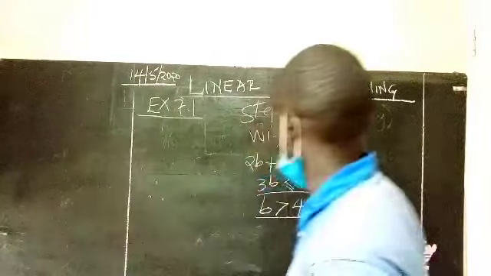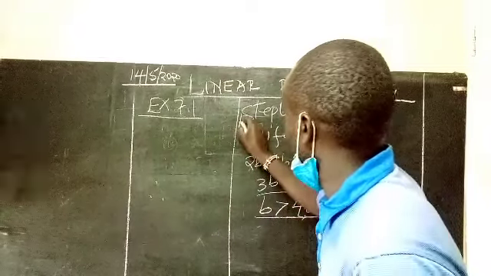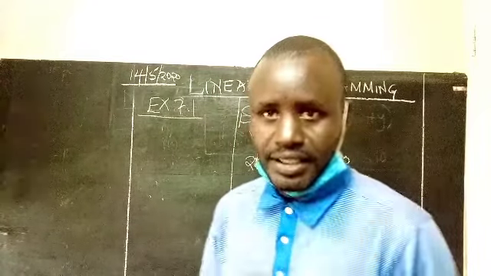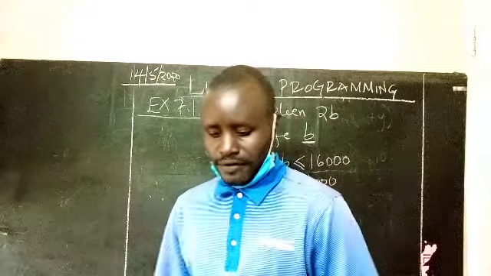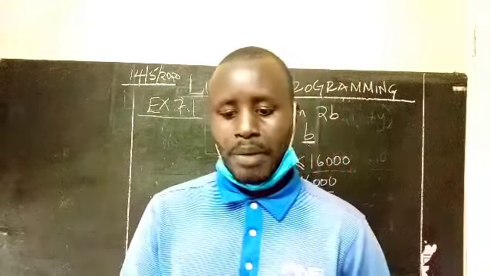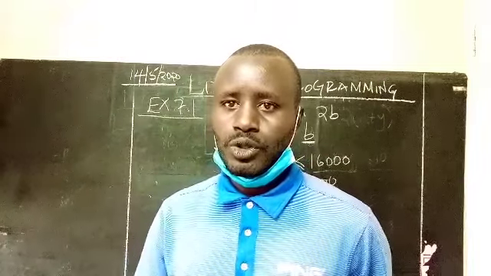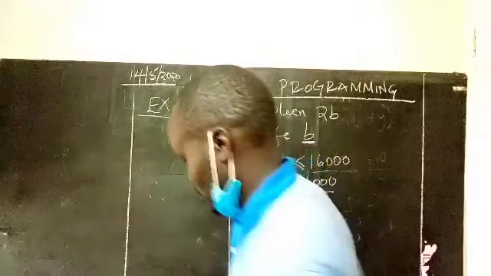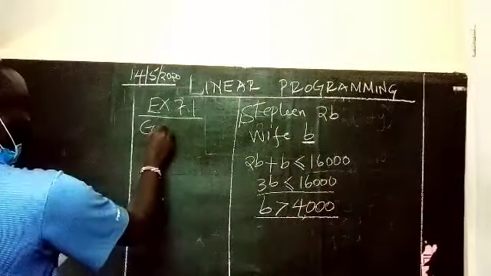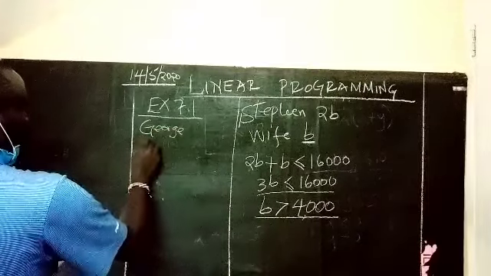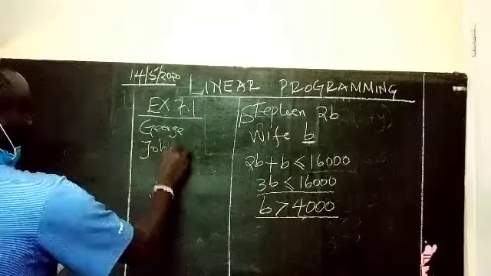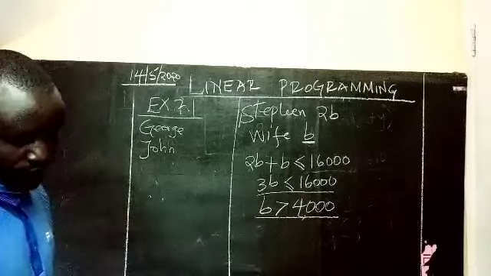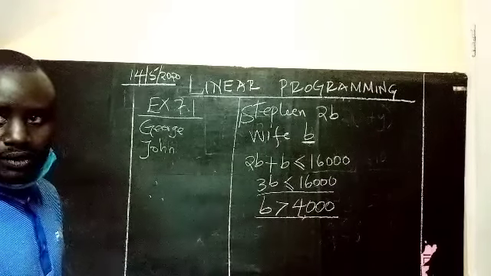Number 2. This is the first one, and the second one is that in a physics test, George scored more marks than John. We have 2 boys, George and John. The 2 together scored more than 100 marks, with John's not less than 20.